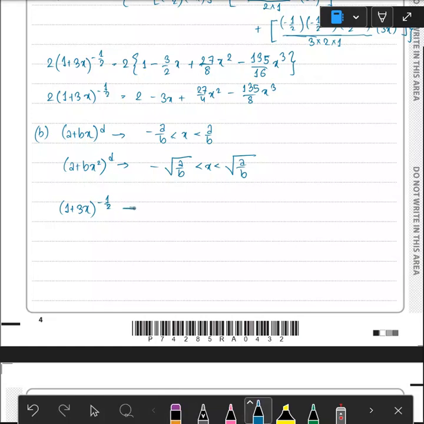So this would be the range, where a is 1 and b is 3, so negative 1 by 3 is less than x less than 1 by 3. This is the answer for the second part of this question.